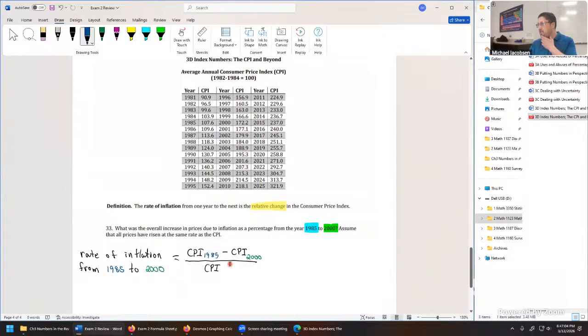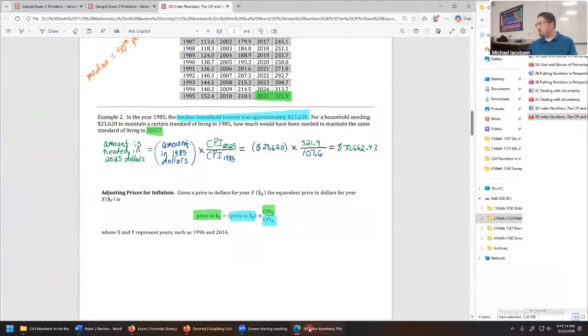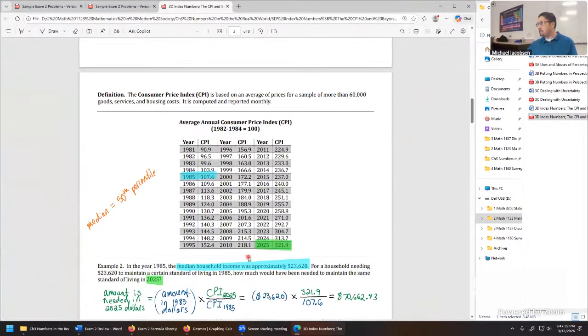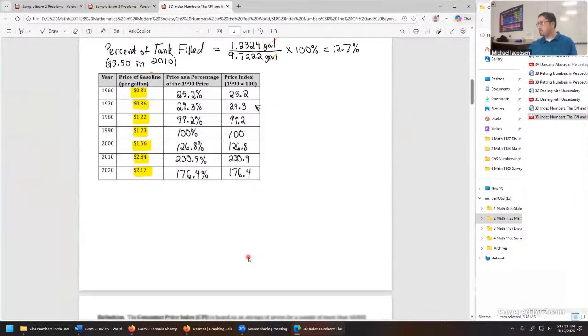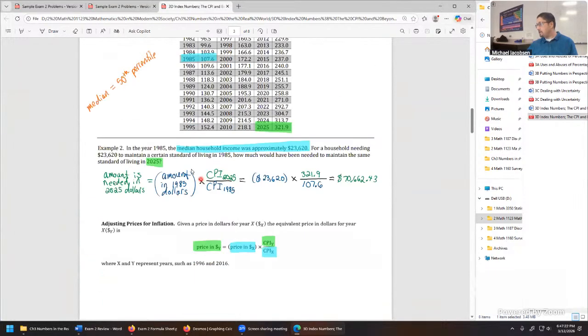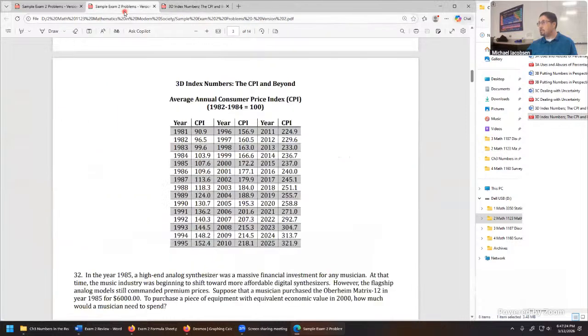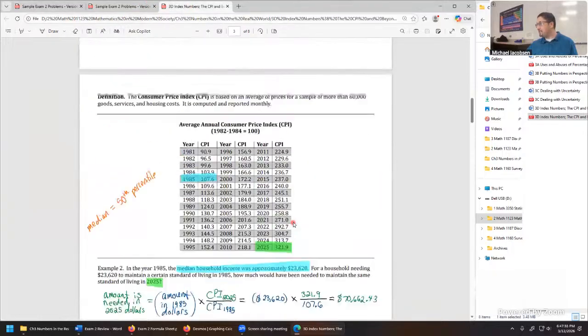Hang on, let me think about this. I think I got this one flipped around. I think I want the CPI for 2000 to come first. Let me double check how I did on this in the notes. Hang on, this is the sample exam, getting a little bit mixed up with all my documents.